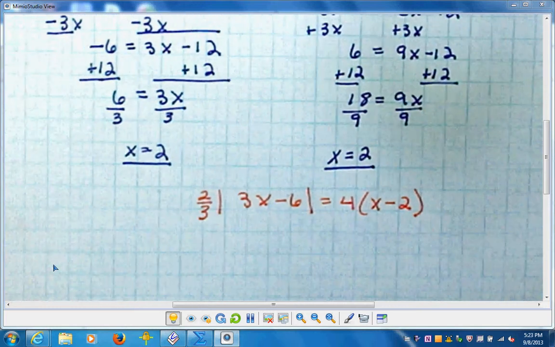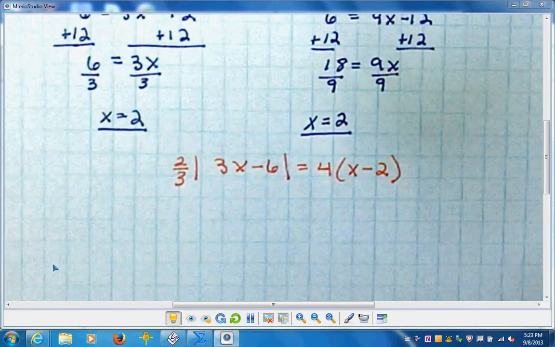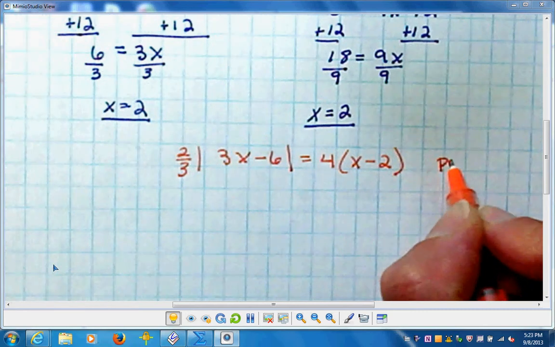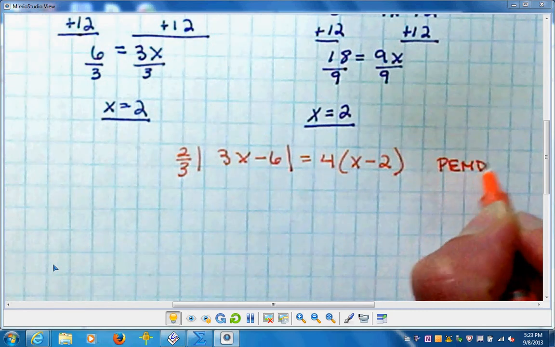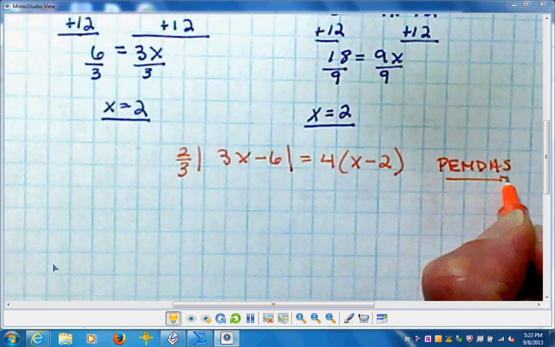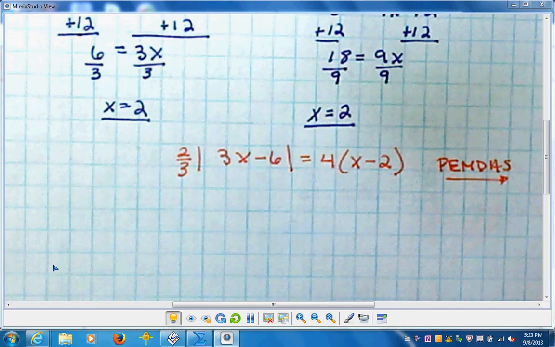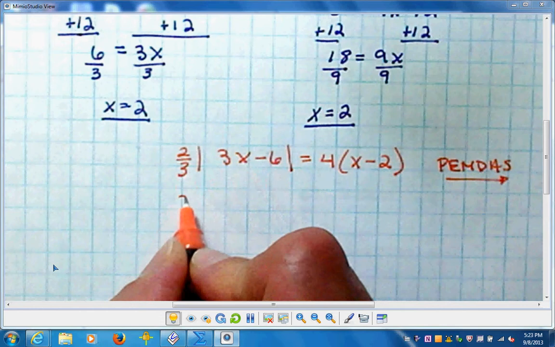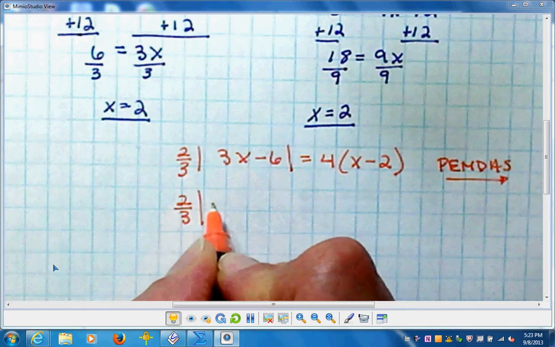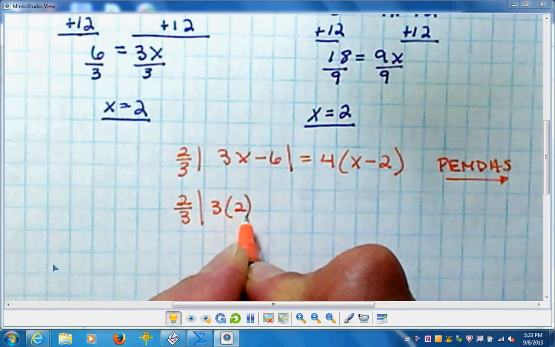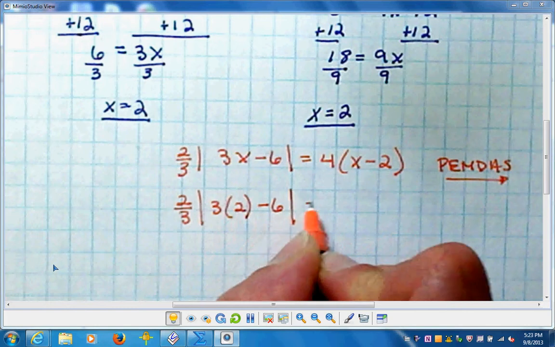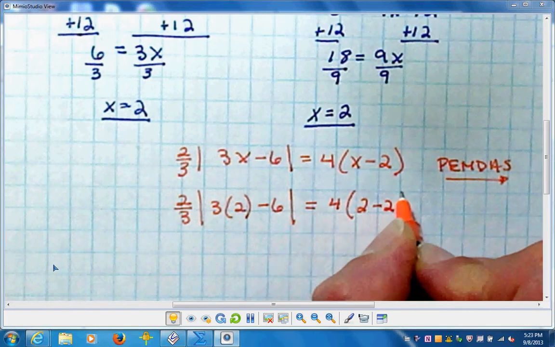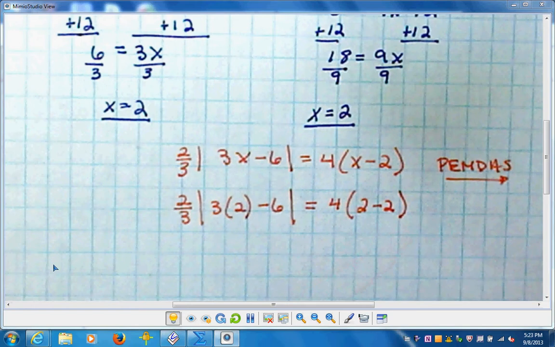So remember, with testing, I'm going to do PEMDAS, the order of operations, in the normally learned direction. Okay, so I'm going to substitute in my 2 here. So this is 2/3 times the absolute value of 3 times 2 minus 6 equals 4 times 2 minus 2. Okay.